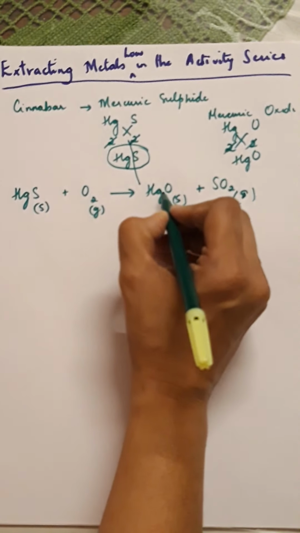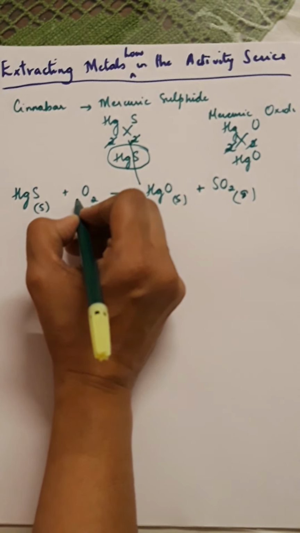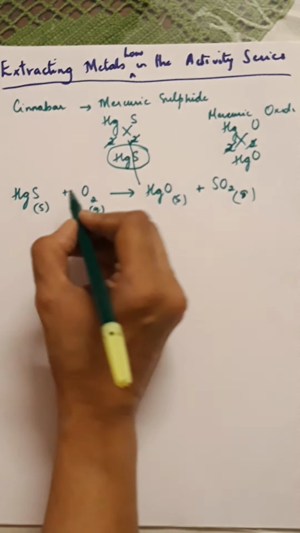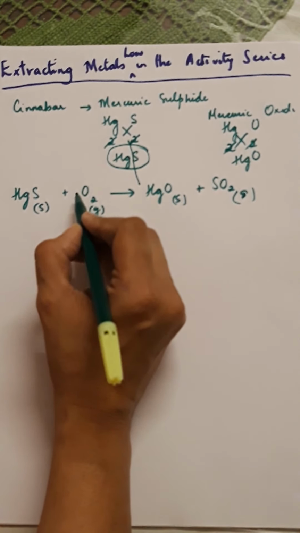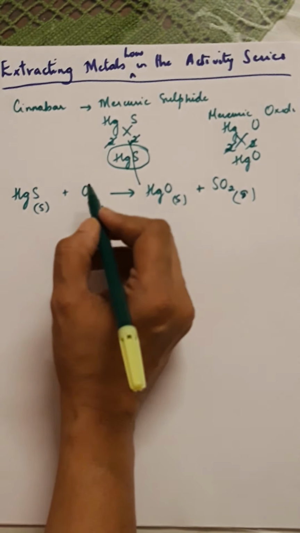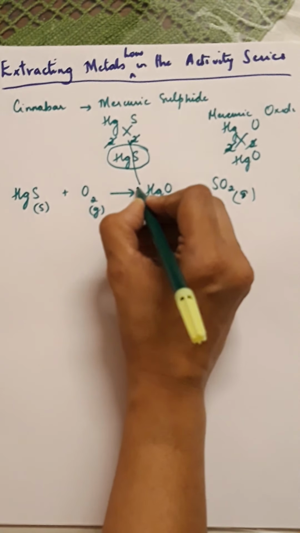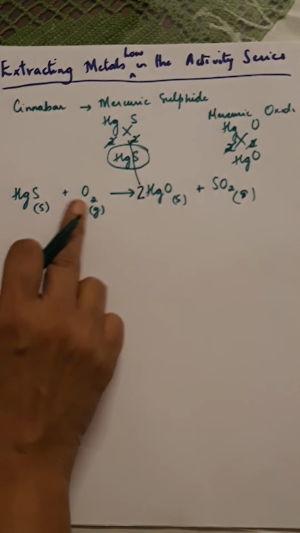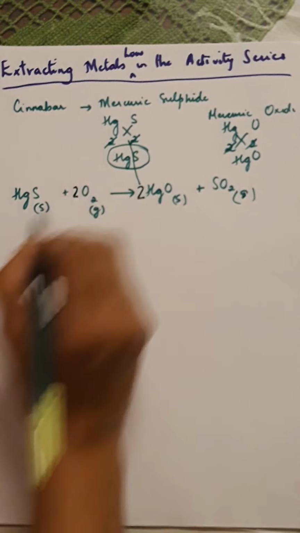Suppose we write 1 here, this cannot be made 3. If I write 1 here, it will be 2. After 2 comes 3, and we cannot make this 3 at any cost. So we come to 4. To make it 4 on the right, you write 2 here in front.